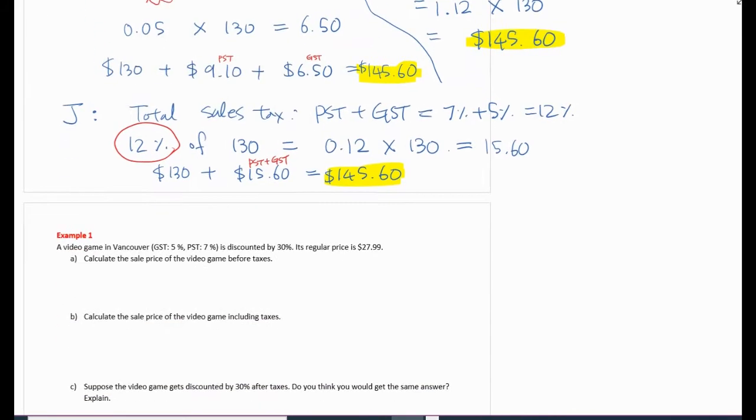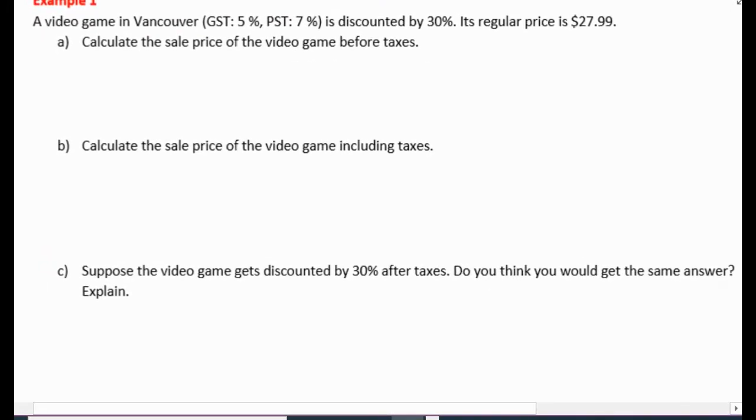Alright? Let's move on. Example 1. A video game in Vancouver, GST 5, PST 7, is discounted by 30%. Its regular price is $27.99. Okay, calculate the sale price of the video game before tax.